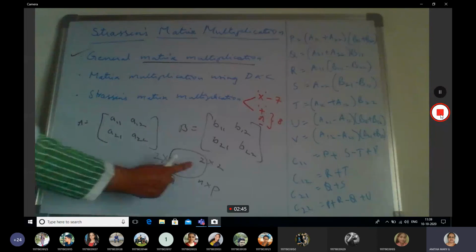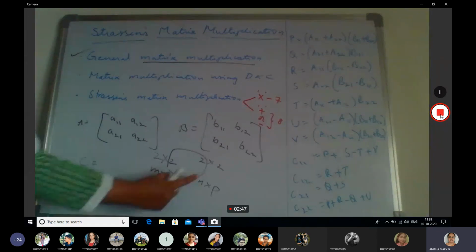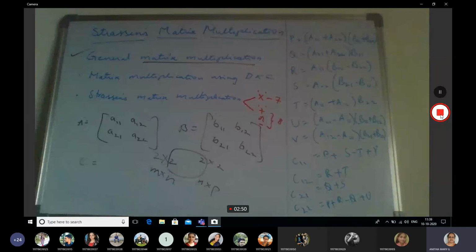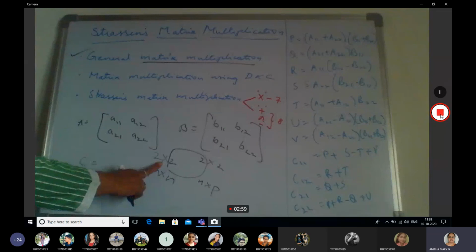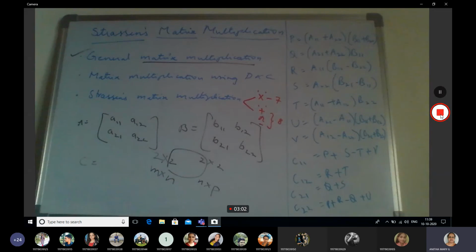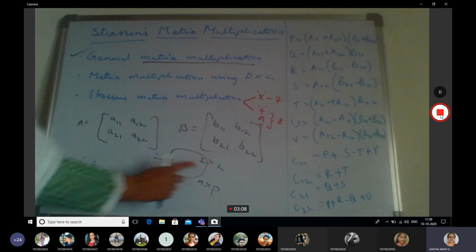If this condition is satisfied, then only matrix multiplication is possible. Otherwise, you cannot multiply two different matrices. Okay, here we have a 2 by 2 matrix. You may have 3 by 3, 4 by 4 and so on, but this rule applies the same.